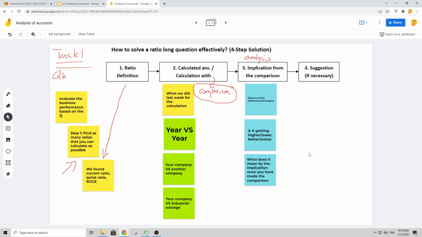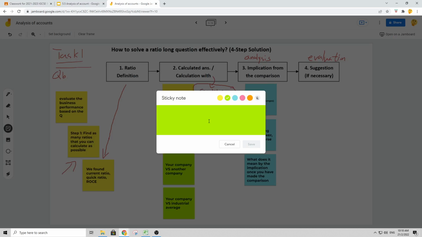And then finally, you're going to make your evaluation. Once you have done all the implication and all the comparison, you're going to make your evaluation here. The evaluation is, based on the analysis, what the company should be concerned with.